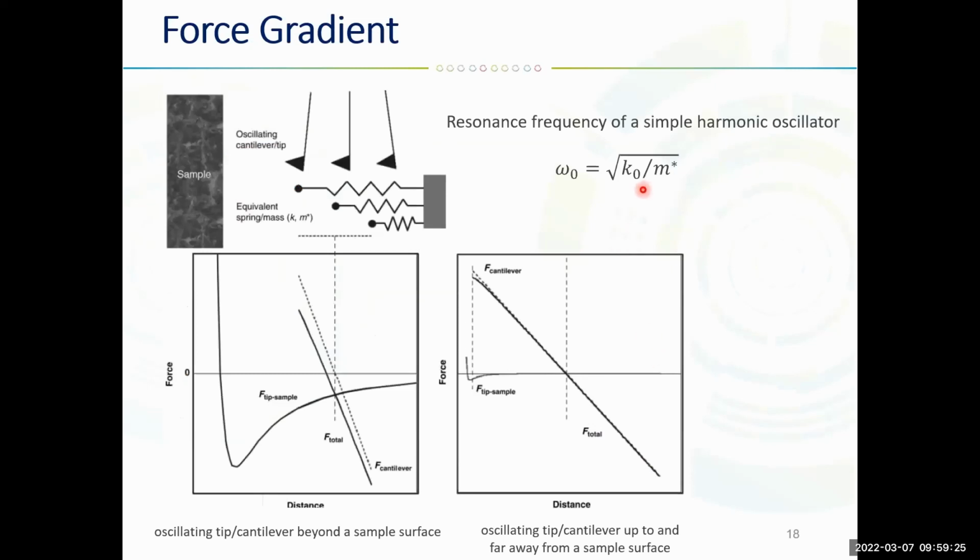It is useful to try to relate these bulk properties that were measured back to microscopic properties. Here we treat the tip and cantilever system as an equivalent point mass M attached to a spring with stiffness k0. Then we have these simple harmonic oscillators swinging towards and away from the sample, with the resonance frequencies shown here.